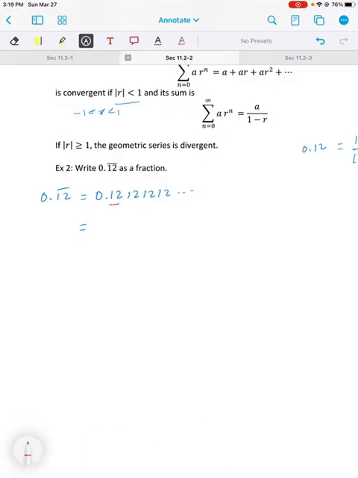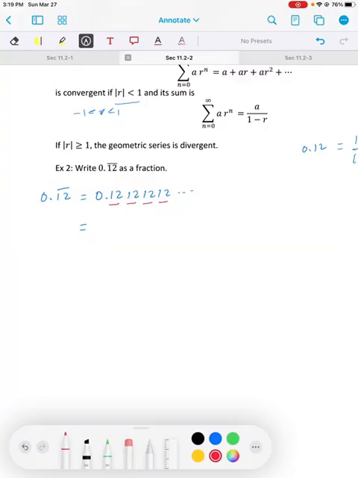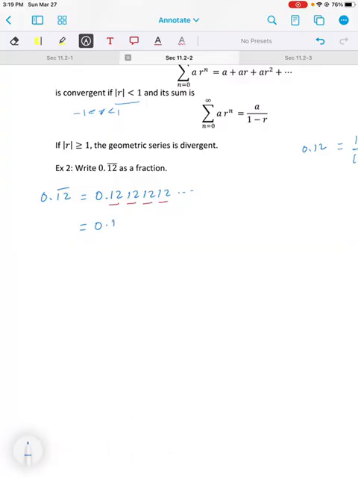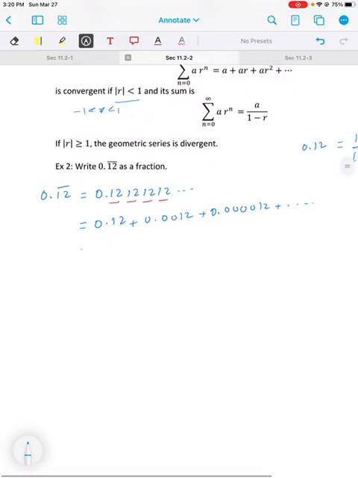These two digits are repeating, so we want to keep them together. So the first term is 0.12 plus, now the second one will be 0.0012, the next will be 0.000012 plus dot dot dot. Notice how we write this.